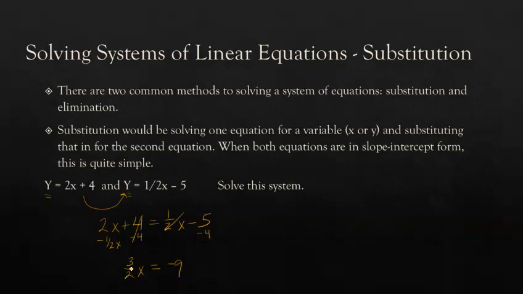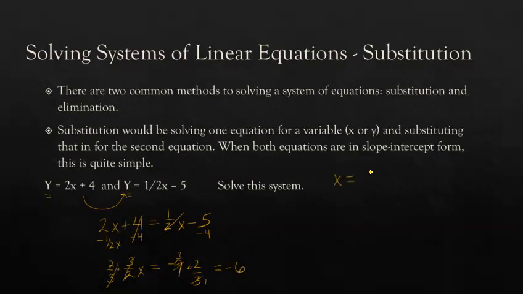To solve this, I'm going to multiply by the reciprocal so that I'll have 1 in front of the x on this side. So 2/3 times 3/2 gives me 1. So I have 1x is equal to -9 times 2/3. I'm going to reduce and divide 9 by 3 and get 3. So I'll have -3 times 2, which is -6. So my x coordinate is going to be -6.